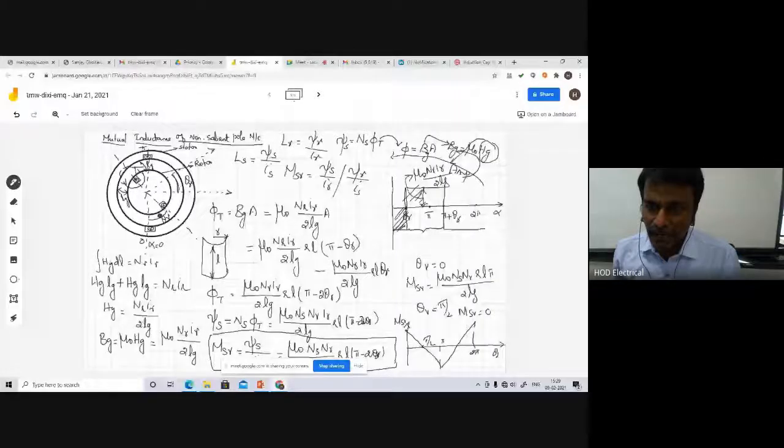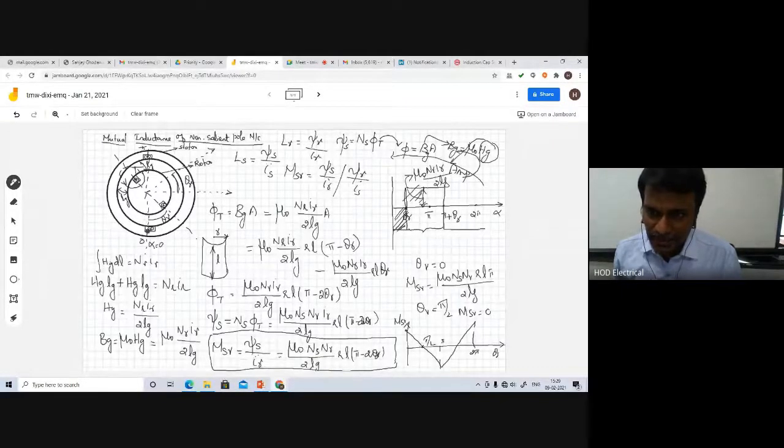One more thing I want to share with this. In this mutual inductance, you can see this case. If this theta r is aligned with this stator reference axis, the mutual inductance is maximum. All the windings are aligned together. As theta r increases till 90, you can see from the derivation itself that the mutual inductance is in terms of cos theta.